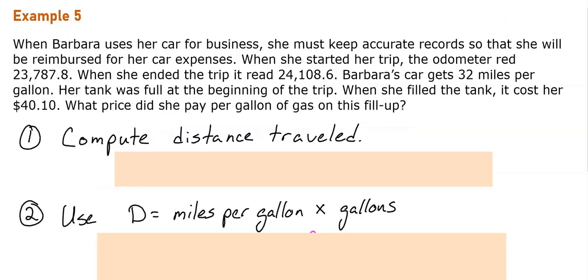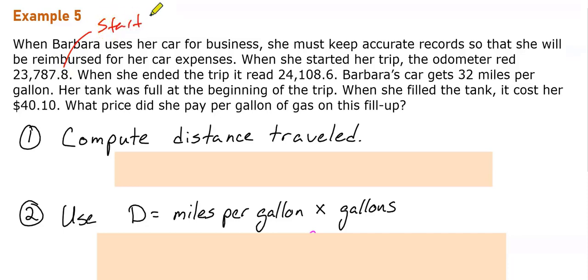In example 5, when Barbara uses her car for business, she must keep accurate records so that she will be reimbursed for her car expenses. And this is true because you probably will have jobs where they don't offer the use of a company car and you're going to have to use your car, and you have to put in to get reimbursed for your expense of driving the car, for gas or wear and tear. When she started her trip, the odometer read 23,787.8.